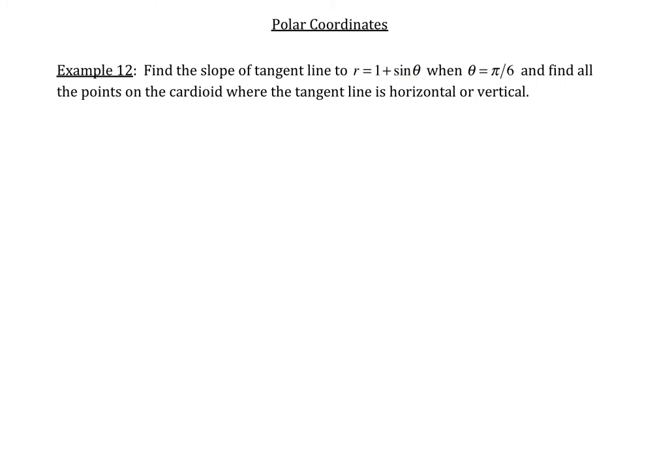So this is a cardioid because the 1 and the implied 1 here are the same. And we want to find the slope when theta is equal to pi over 6. So we'll do that on this video.